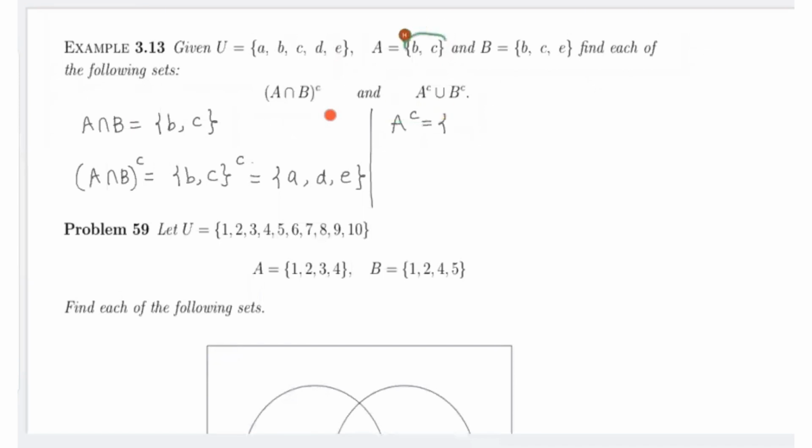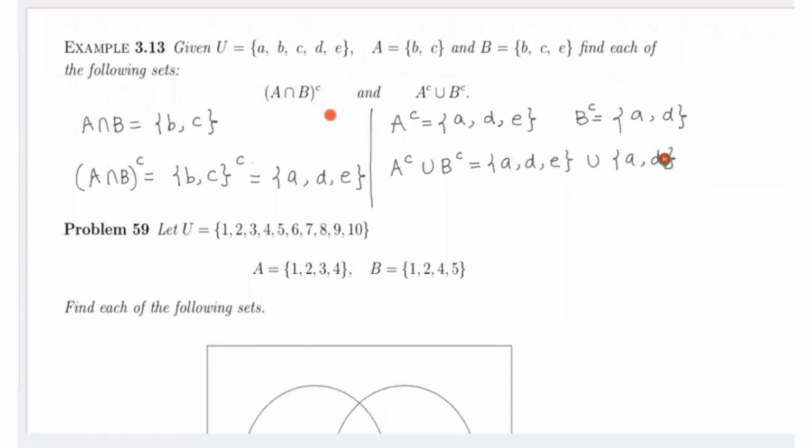So A is B, C. A complement is A, D, and E. B complement, that is, B, C, E are in B, I have A, D. A complement union B complement is A, D, E union A, D. Union means everybody, that is A, D, and E. You see that? Those two are matching. They are the same thing.